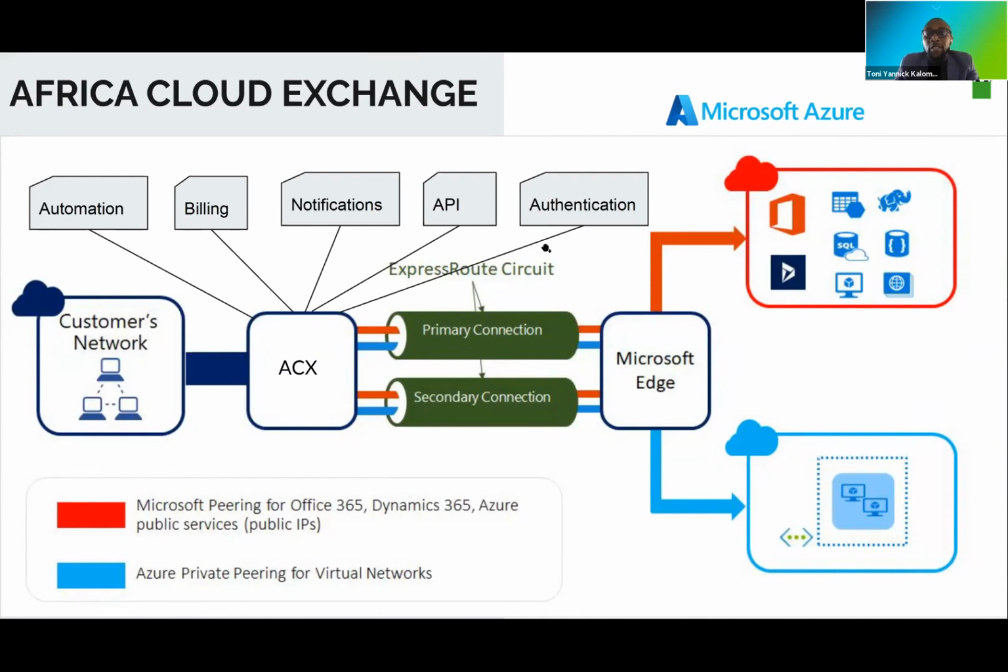Very important, of course, is authentication, not just authentication, but authorization and access as well. So the APIs are secure, your logins and credentials are also secure. Each transaction is managed in a secure manner.